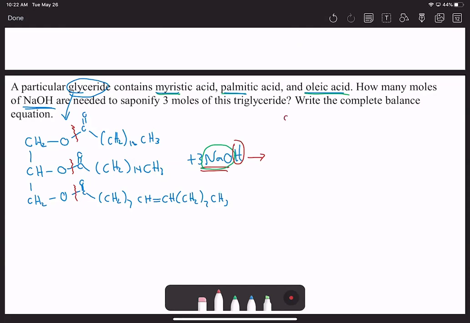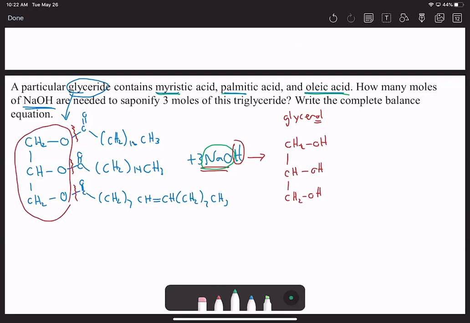So the alcohol is going to be our glycerol, CH2OH. So we've gotten our glycerol back. That's our alcohol. Now we need to get the rest of it.